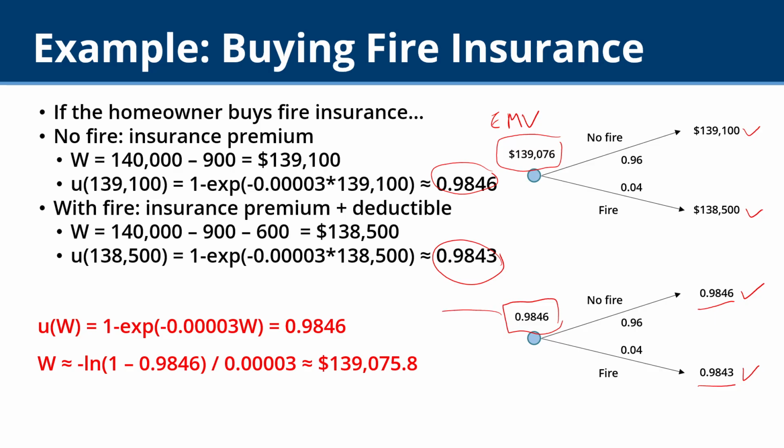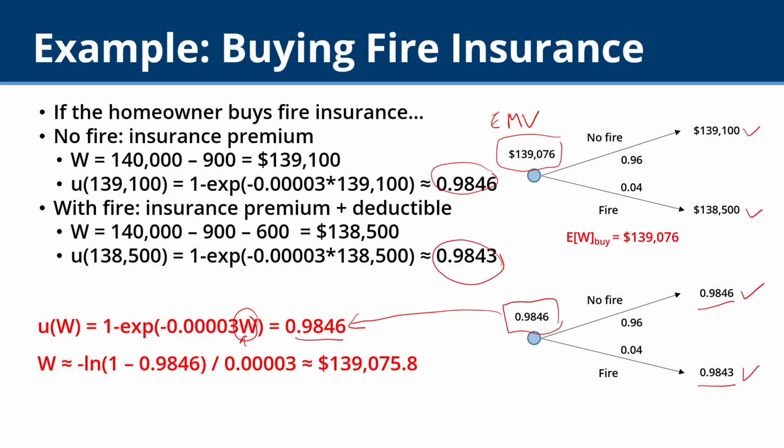Then we're just going to solve for that w variable, and it ends up being about 139,075.8. So this is the analysis for the case where the homeowner does buy fire insurance.